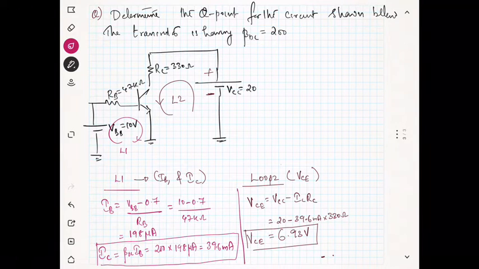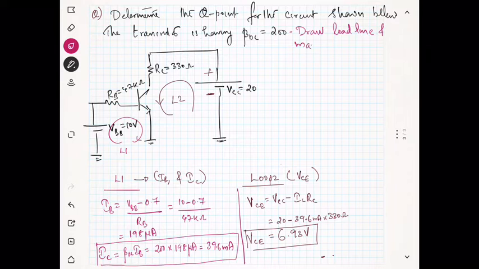Now we are going to draw the load line. So I will include some part in the question also: draw the load line and mark the Q point. Okay, so we got the Q point actually. Q point means VCEQ and ICQ. So what is our Q point?